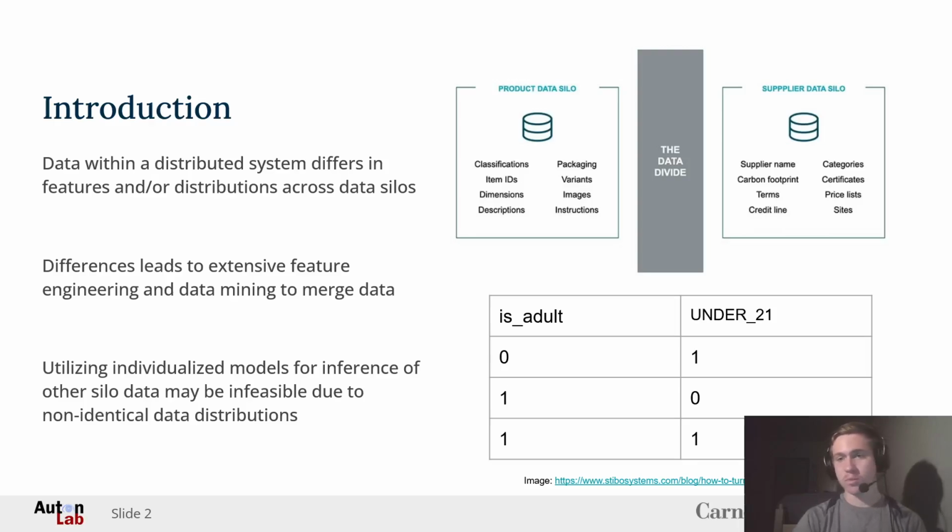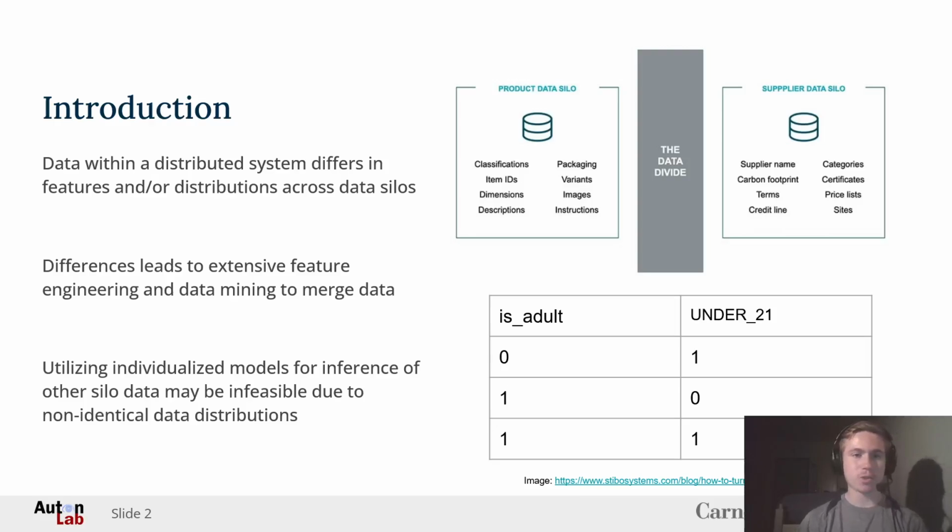And also the features may be very similar to one another, but not exactly the same. The example I have there, under 21, may be a feature in one data set and is adult is a feature in another. And they may hold very similar information, but because the feature names aren't exact or other scenarios may arise, they'll be unable to be merged, and even a human may not pick up on that, especially if the feature names aren't as descriptive.